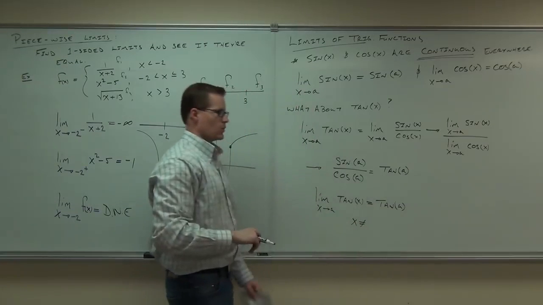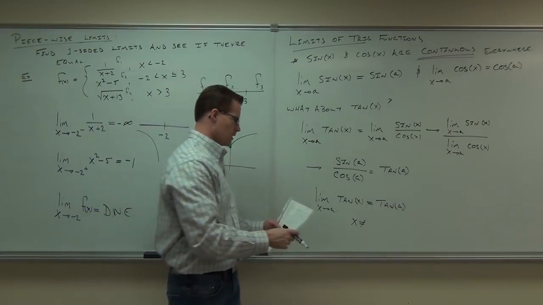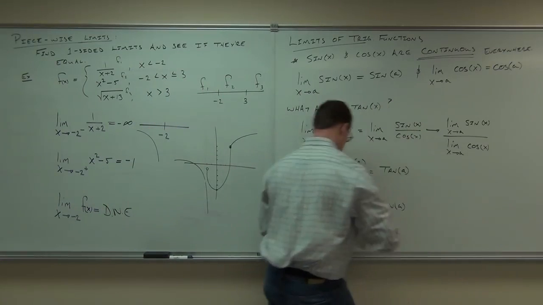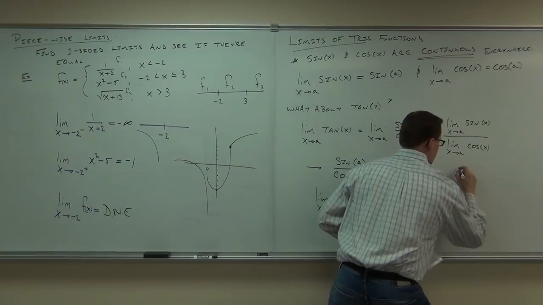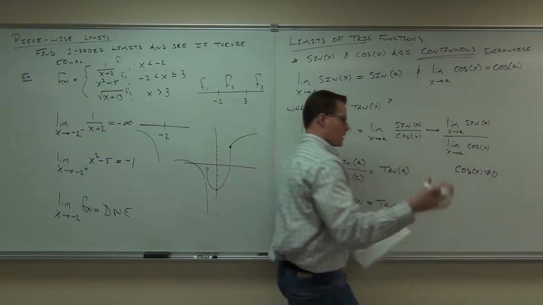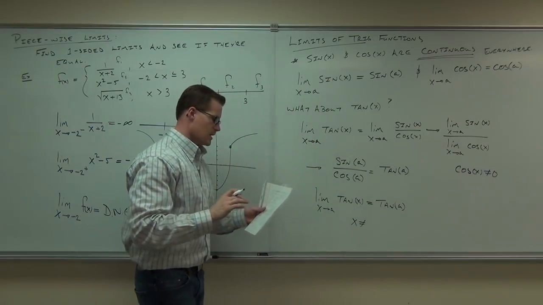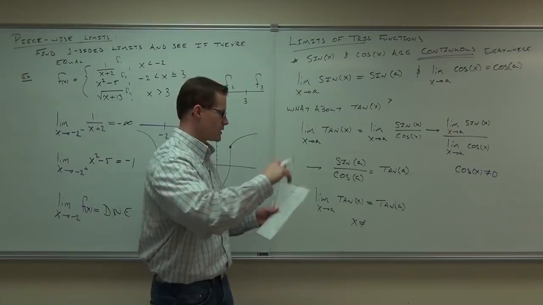And those asymptotes occur where x cannot equal, or we will have a discontinuity. Cosine x cannot equal 0. If it does, you have a problem. Where that happens is every plus and minus pi over 2. So pi over 2, 3 pi over 2, things like that.